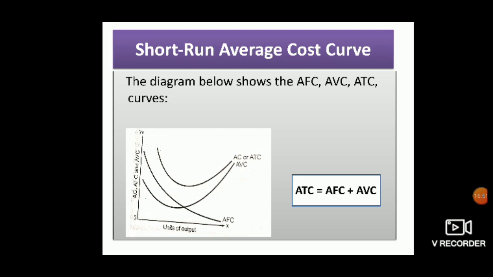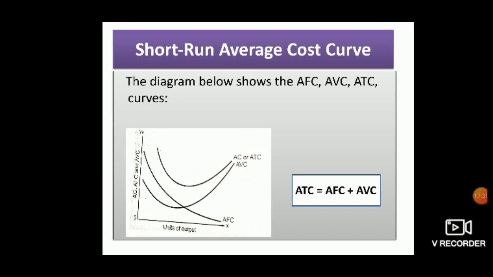I have already told you AFC falls as production rises, but AVC at the starting point falls, then reaches a minimum point, then rises again. So, average total cost is the sum of average variable cost and average fixed cost. It is the total cost divided by the number of units produced.